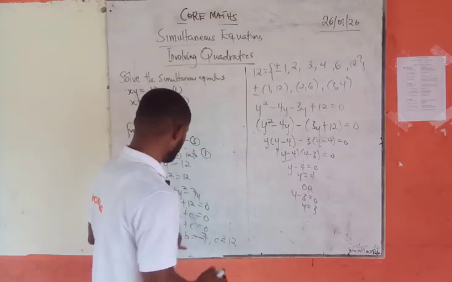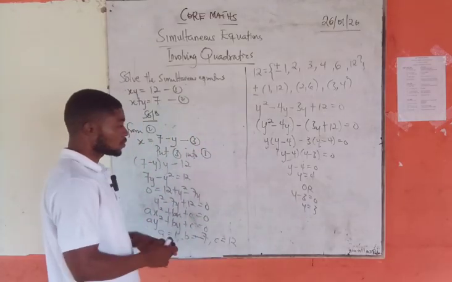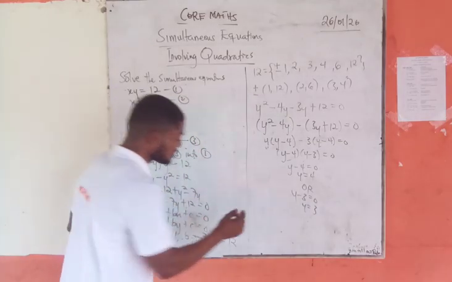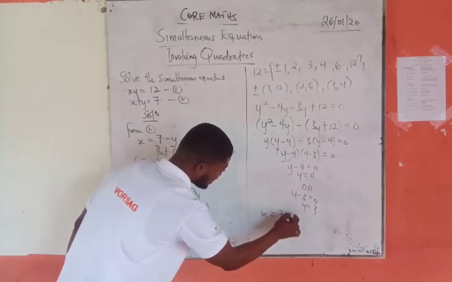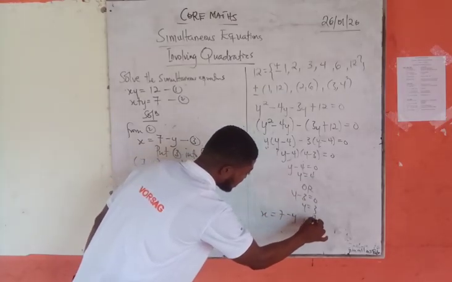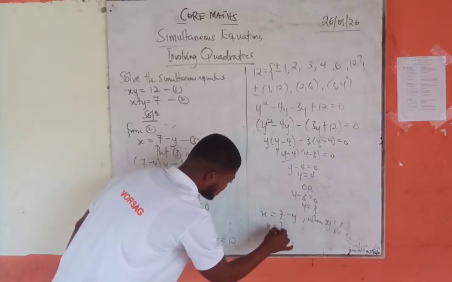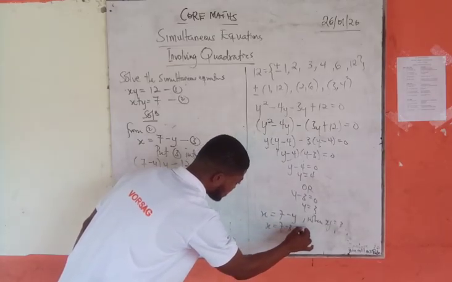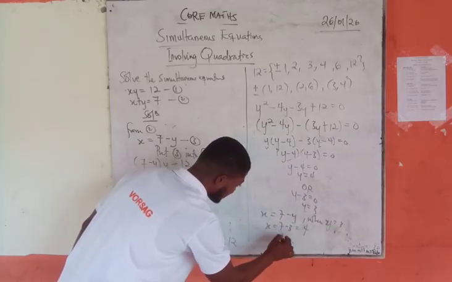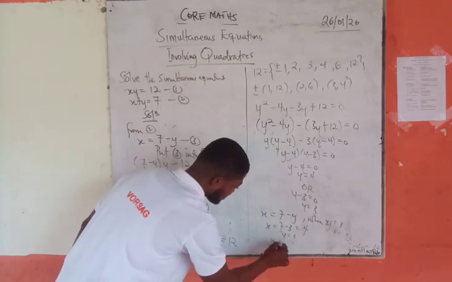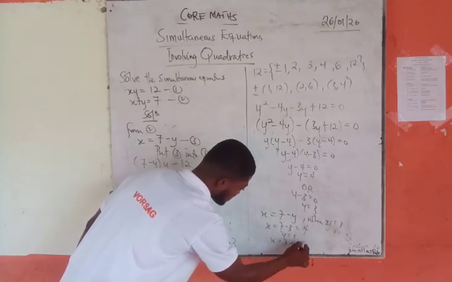Then it means I have to get two values for x as well. Remember we said x is equal to 7 minus y. When y is equal to 3, then x is equal to 7 minus 3, which is equal to 4. When y is equal to 4, x is equal to 7 minus 4, which is also equal to 3.